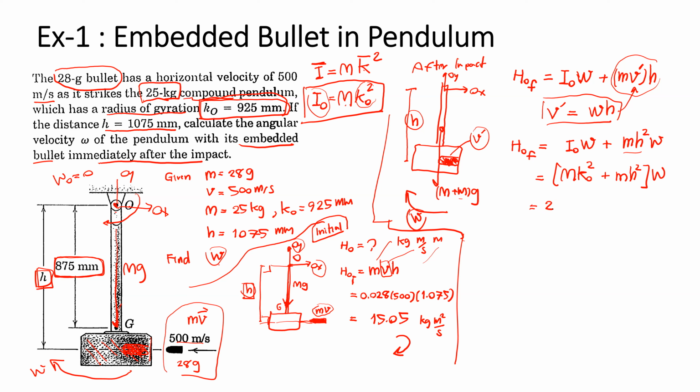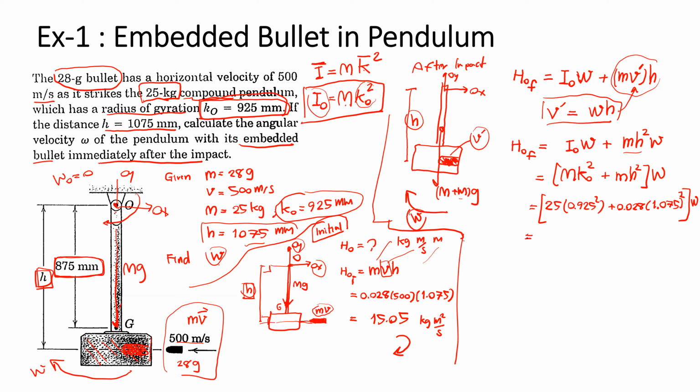We know the mass, 25 kilogram, radius of gyration 0.925 squared, mass of the bullet 0.028 kilogram, distance h 1.075 squared, and the whole thing will multiply by omega.